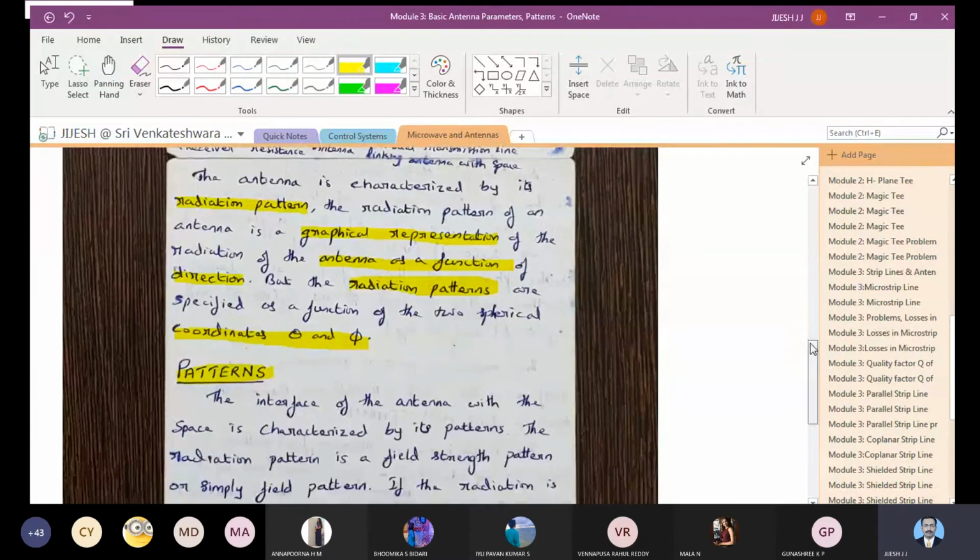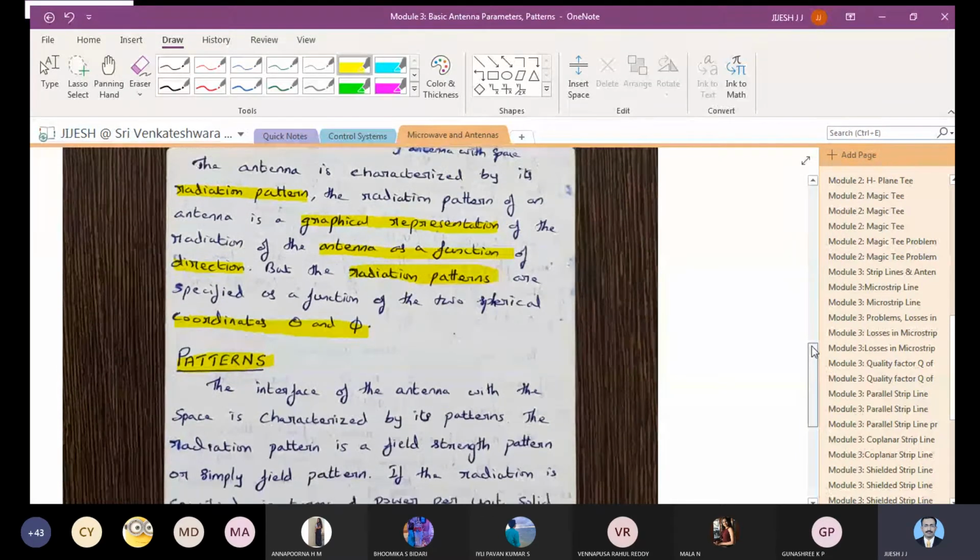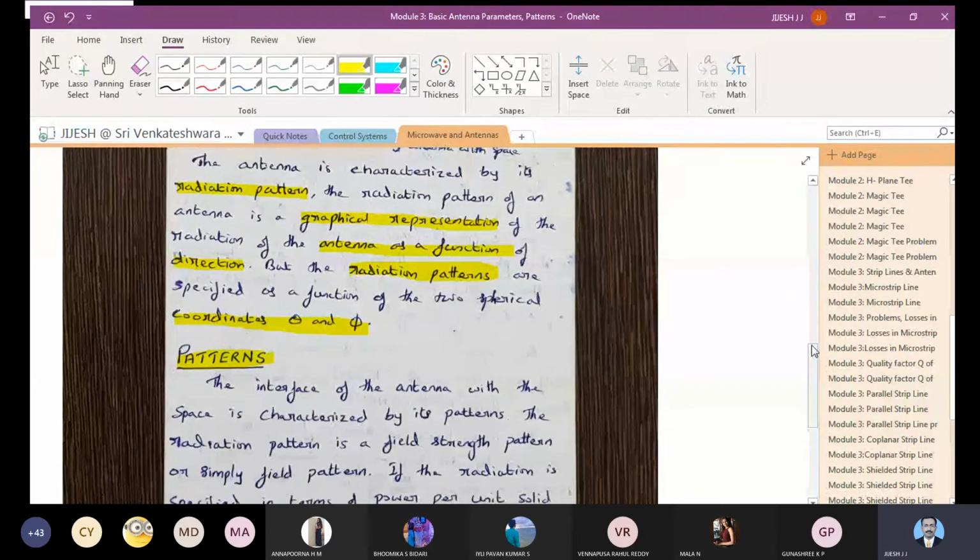So we will discuss patterns. I'll be showing you some figures, where you can see how the representation of a pattern is done. And in the lab, we have two experiments on directional antennas, the Yagi antenna and the dipole antenna.